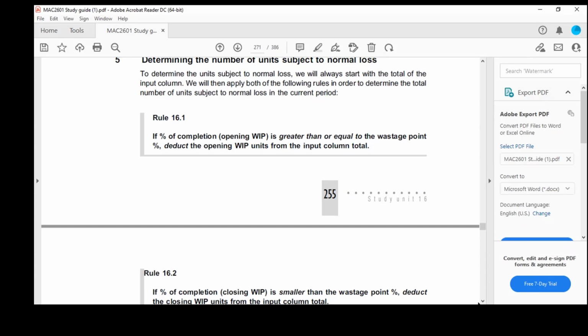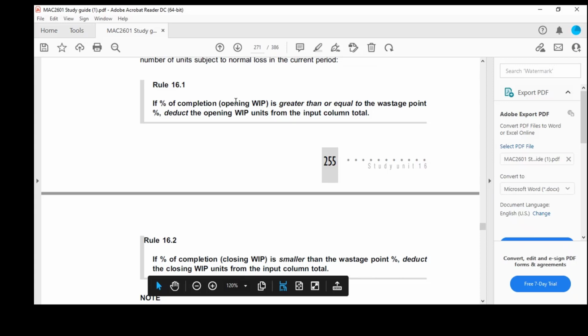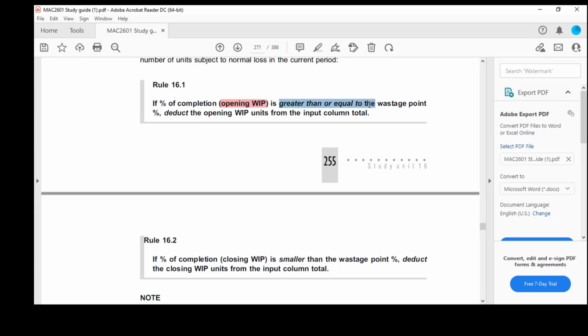So rule number 1 says, if percentage of completion for your opening WIP is greater than or equal to the wastage point percentage, you must deduct the opening WIP from the input total.